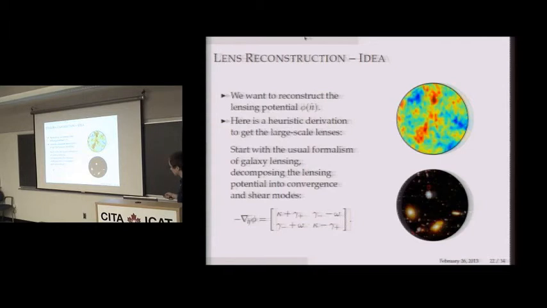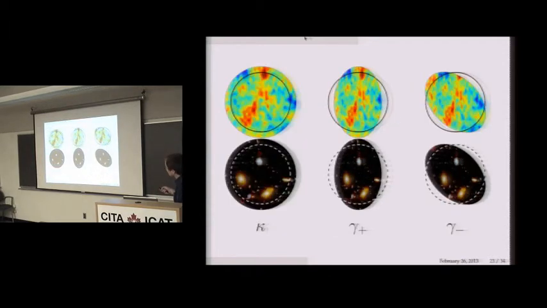You get a measure of shear, and then you can back it out to measure the phi, or the gravitational potential. In the CMB, the situation is even easier because we know the distribution of these hot and cold spots from the power spectrum. So we get magnification and shear at the same time.